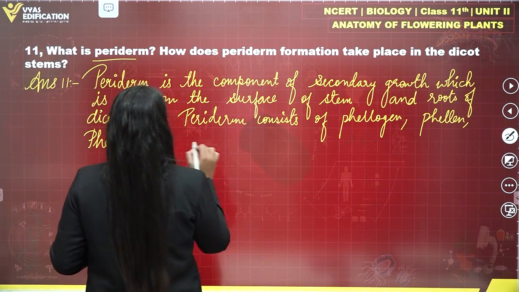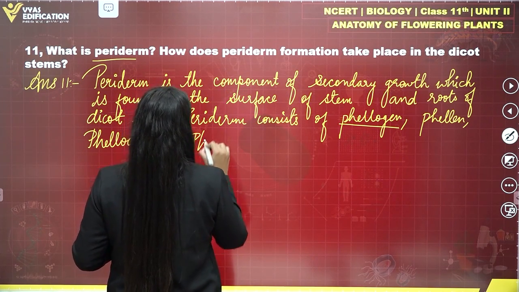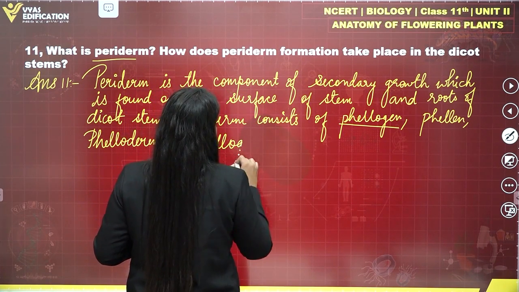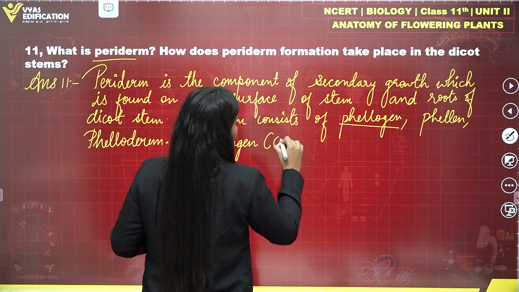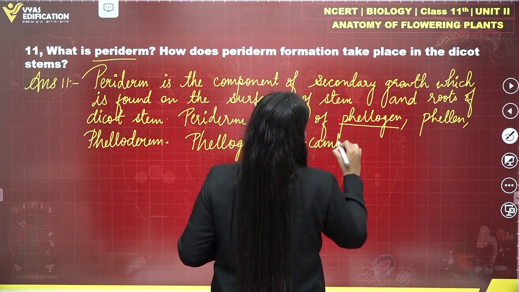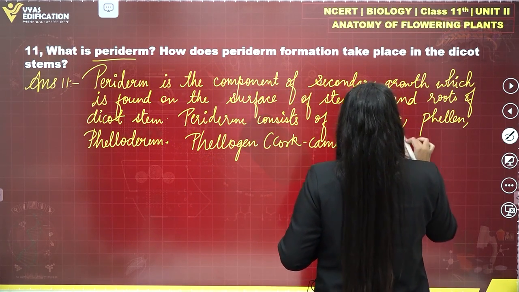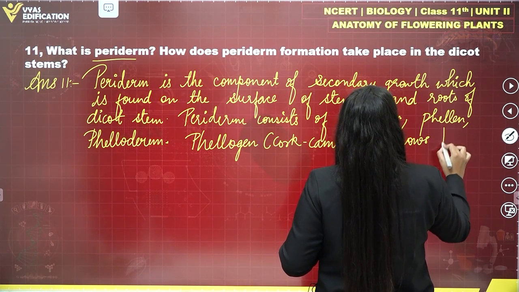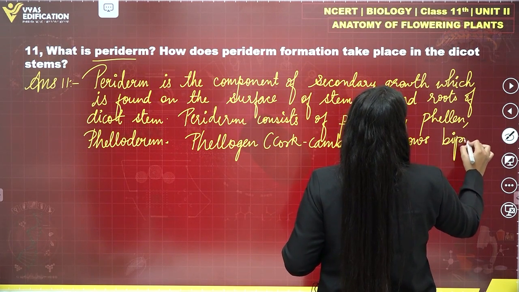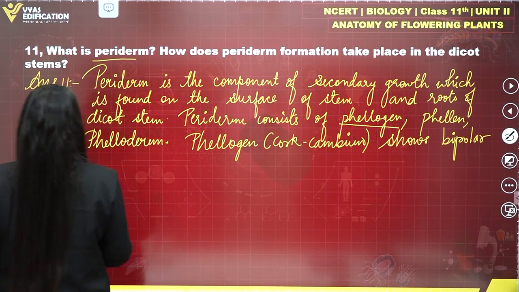So what happens? This phellogen, which is also known as cork cambium, shows bipolar division.